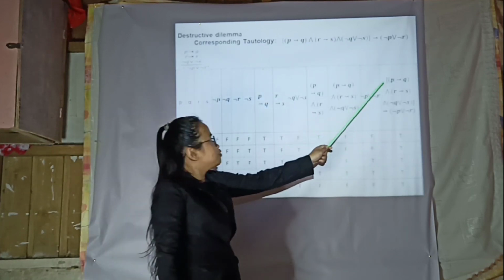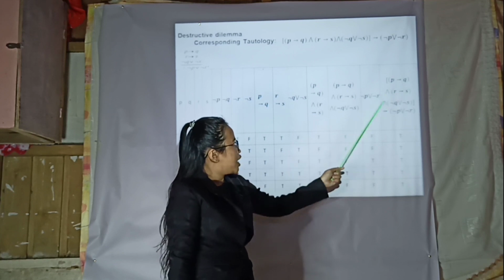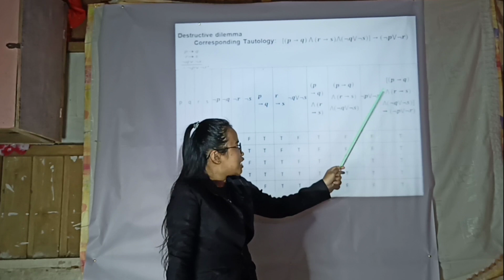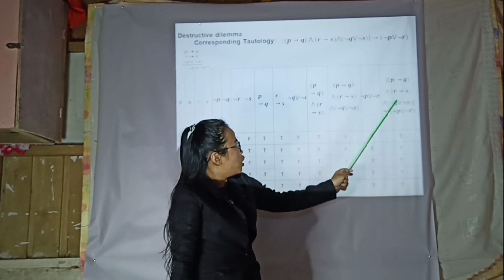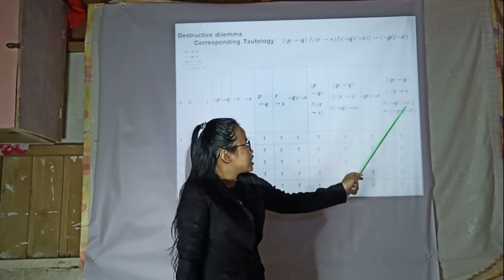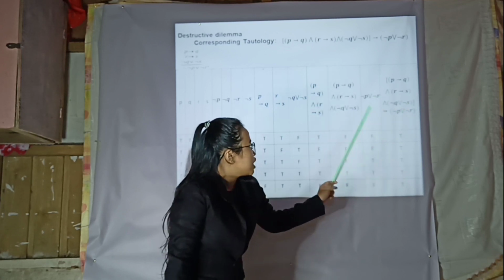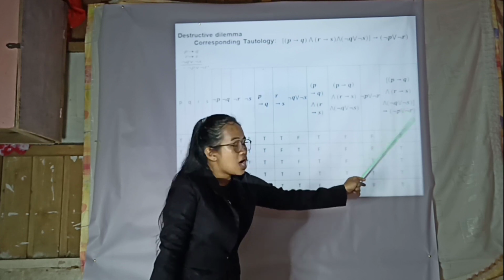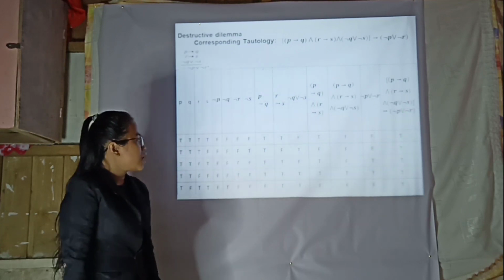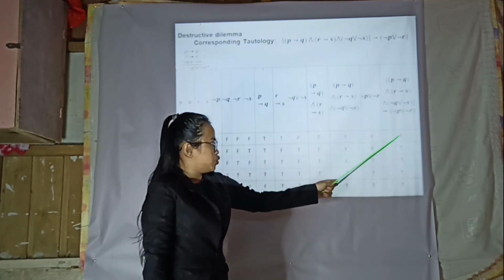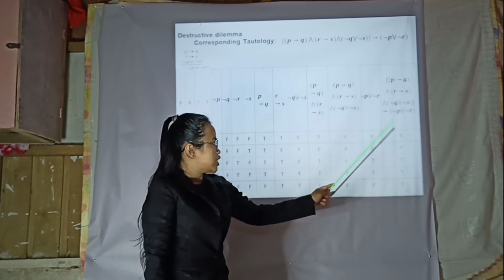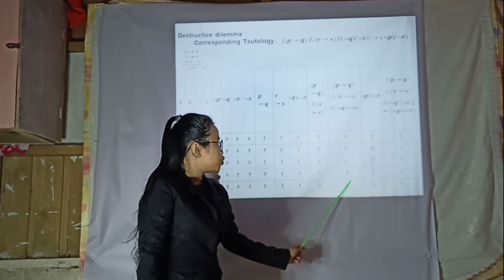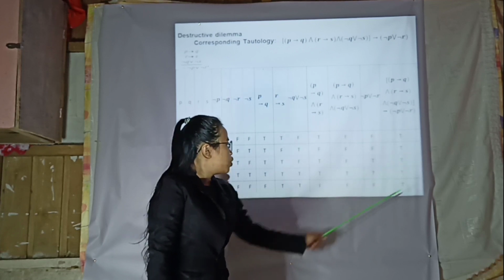So if P then Q, and if R then S, and not P or not S, implies not P or not R. So false, then true. False, true then true. True then true.